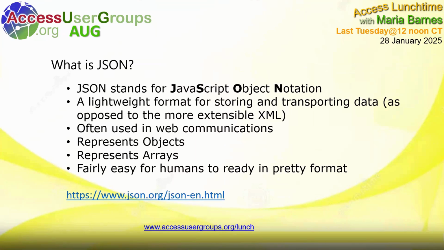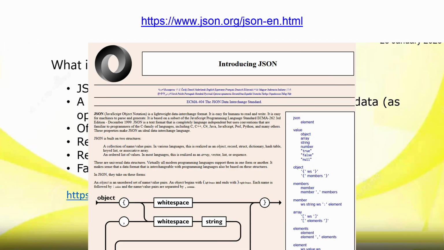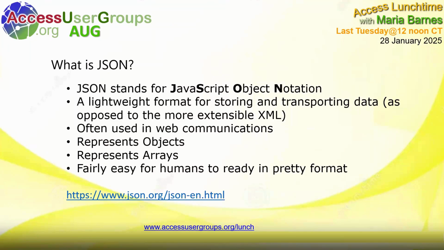Okay, now let's step back and talk a little bit about what is JSON. And I will put in the chat this link that I have listed for you at the bottom. JSON stands for JavaScript Object Notation. And it's basically a lightweight format for storing and transporting data. People also use XML for storing and transporting, but XML is more complicated and more extensible than JSON.